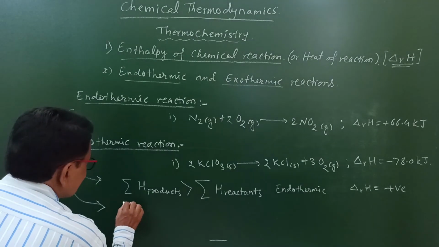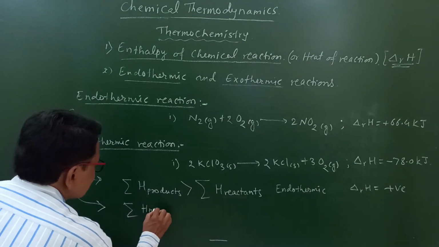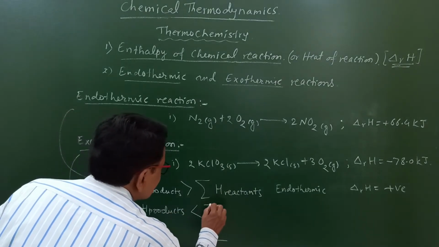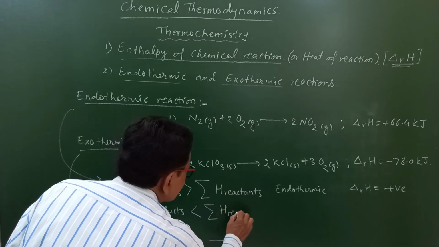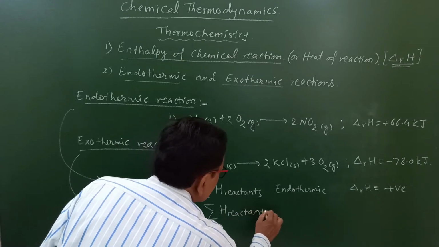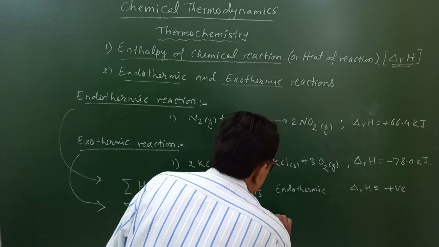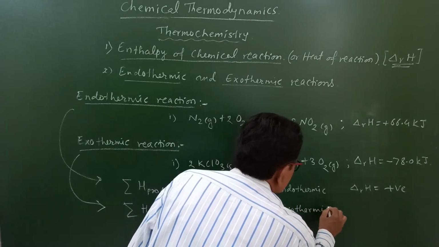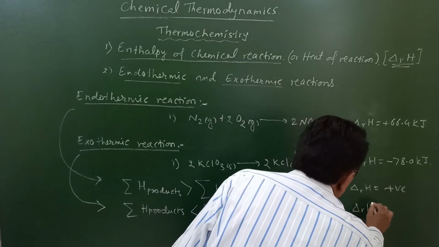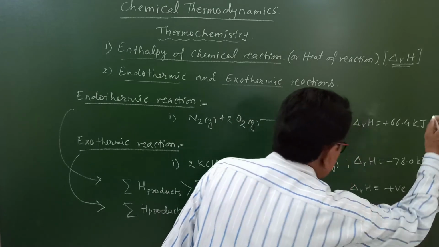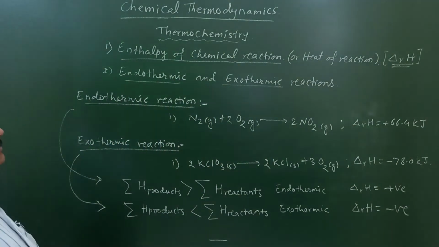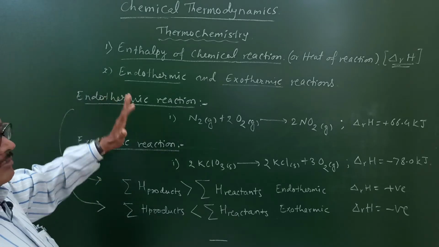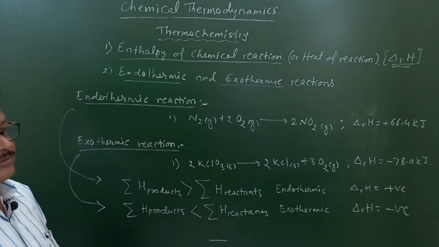When the summation of enthalpy of products is less than the summation of enthalpy of reactants, then this reaction becomes exothermic, and the delta H value of this reaction is shown by a negative sign. So in this manner, exothermic and endothermic reactions can be explained in a simple way by giving these examples.